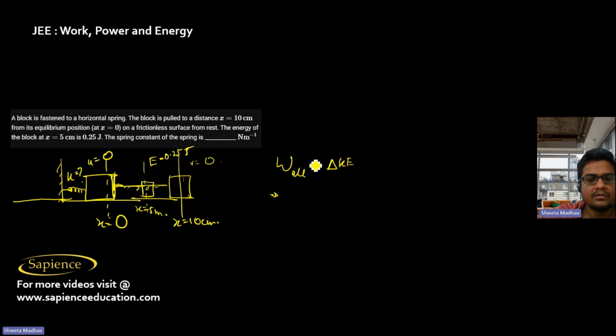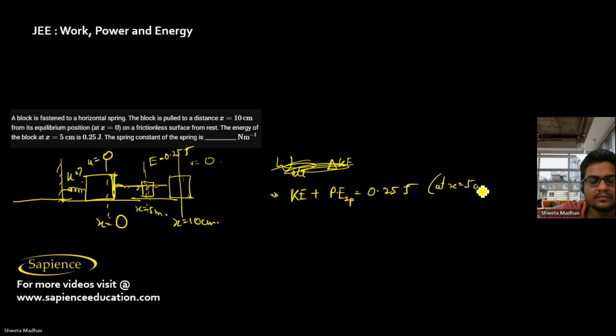The energy means the total energy, that is the sum of the kinetic energy of the block plus the potential energy of the spring. So that is 0.25 joule at x equal to 5 centimeter.